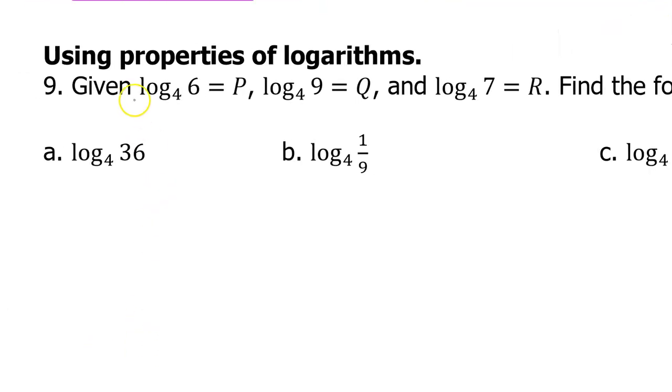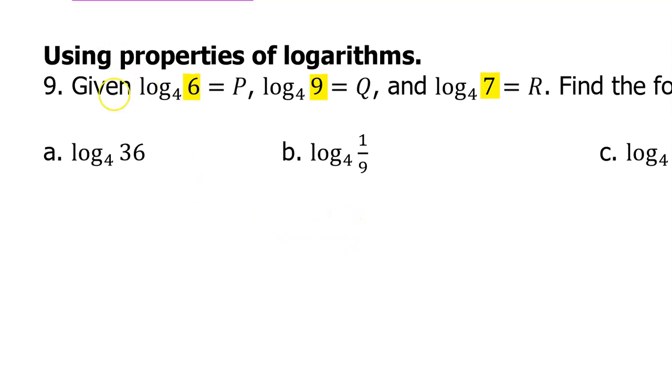So just focus on, we have a 6 and a 9 and a 7. So basically when we rewrite these expressions, we need to try to rewrite them using only a 6, a 9, and a 7 wherever possible.